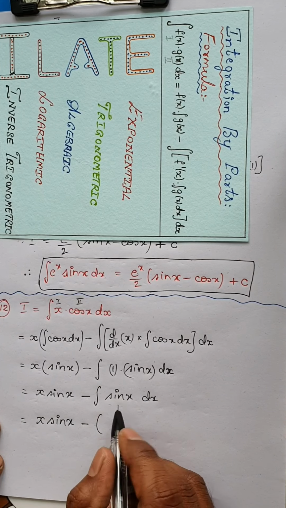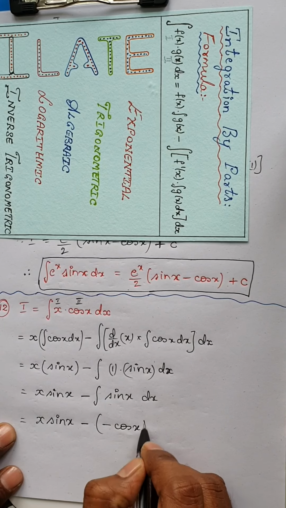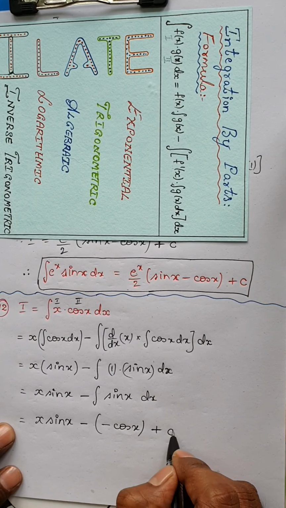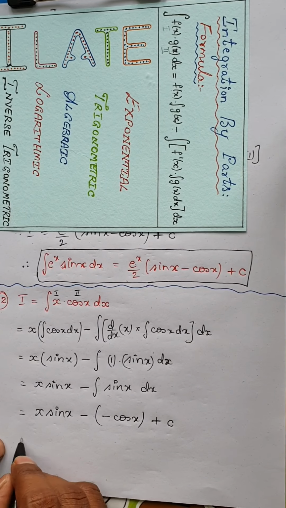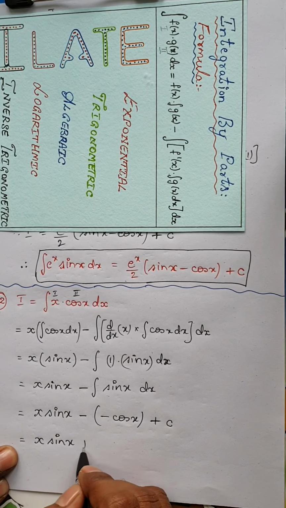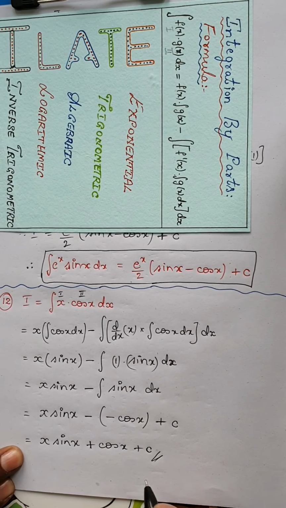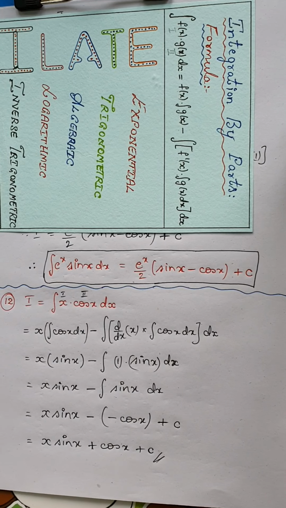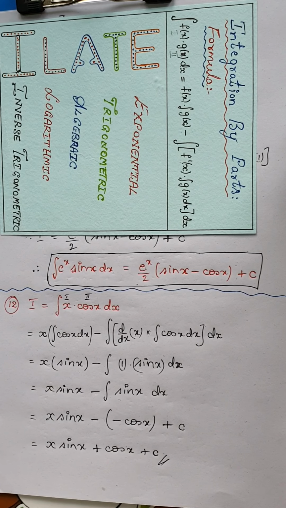We all know integral of sin x dx is a standard function which is minus of cos x plus c, this is the constant of integration. Okay, so you can further simplify this as x sin x minus of minus becomes plus cos x plus c, this is the constant of integration. Okay, so this is the final result for the above given function.